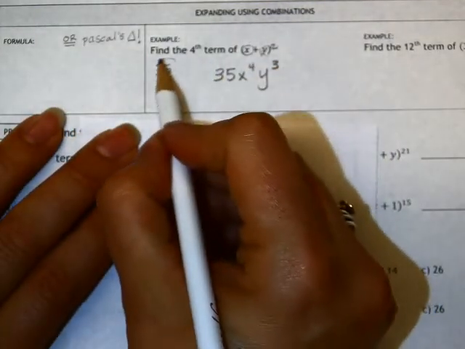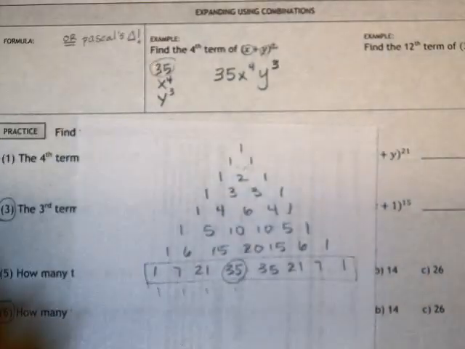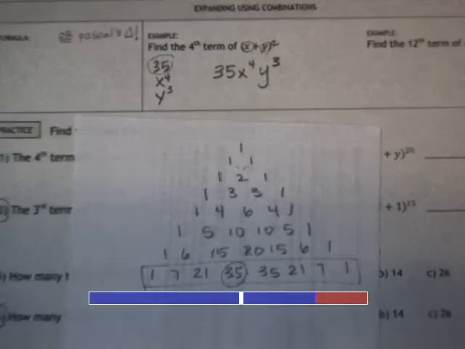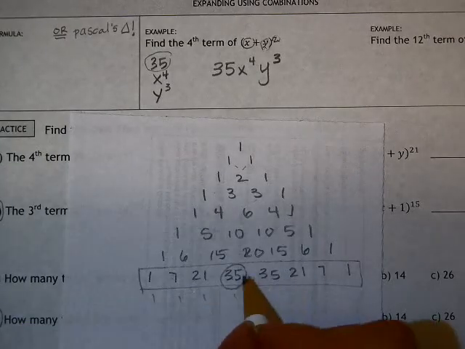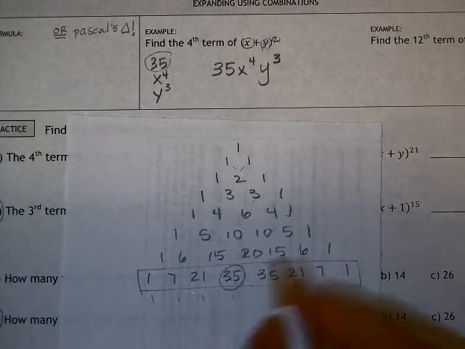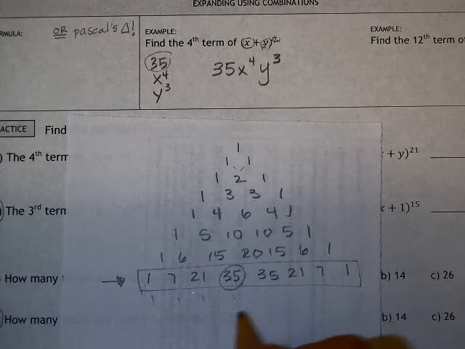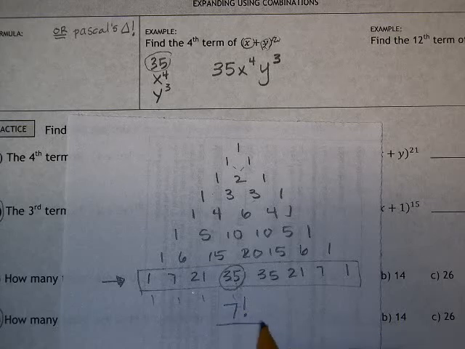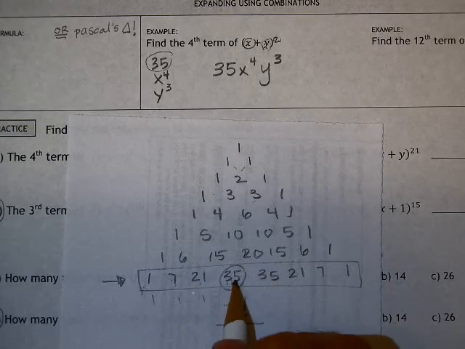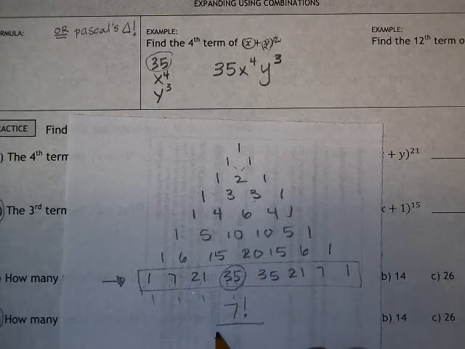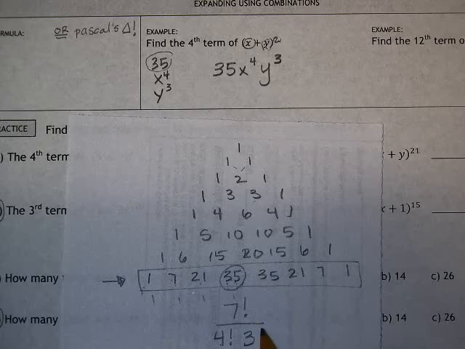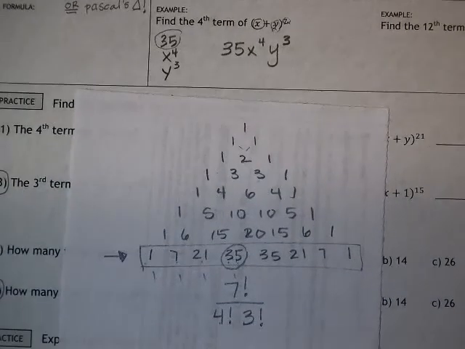Now, how else can you get 35? The other way of getting 35 is actually using factorials. So that's not very clear. That's better. The other way of getting 35 is actually using factorials, and that is that this is the 7th row. So I would have 7 factorial, and really what we're doing here is saying this is choosing 4, like a group of 4, and you have your winners, and then you have your leftovers, or your losers would be the much stronger term for that.